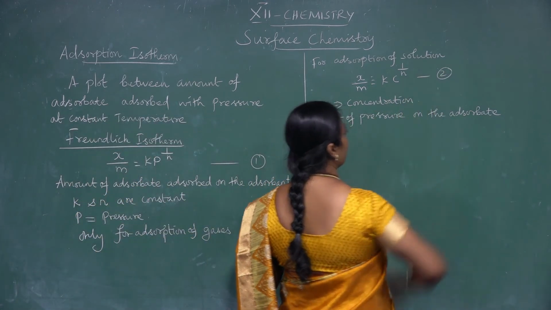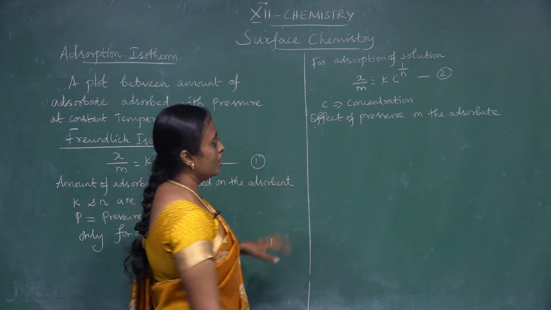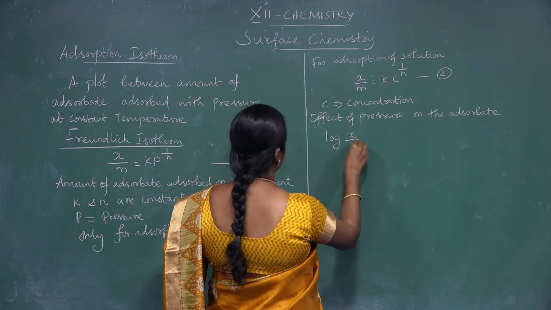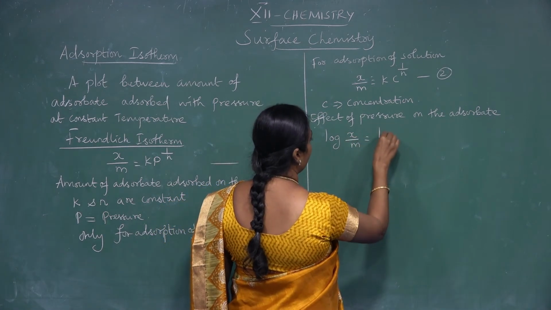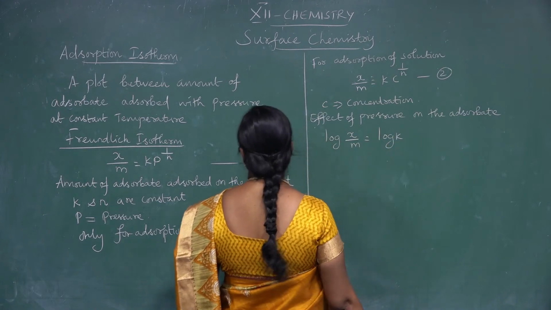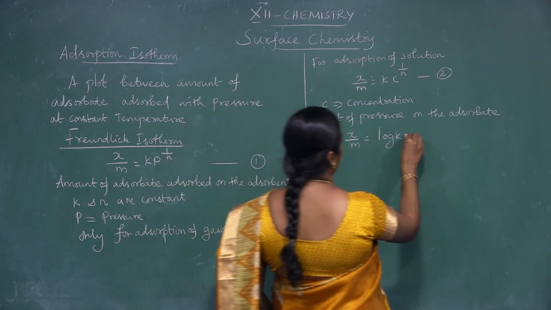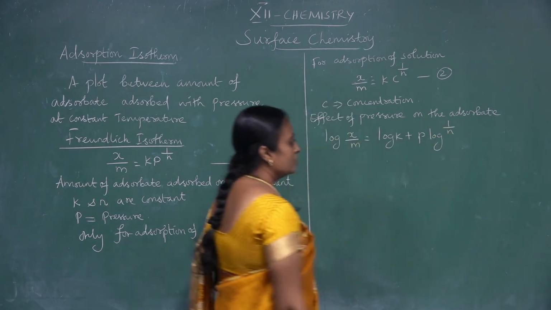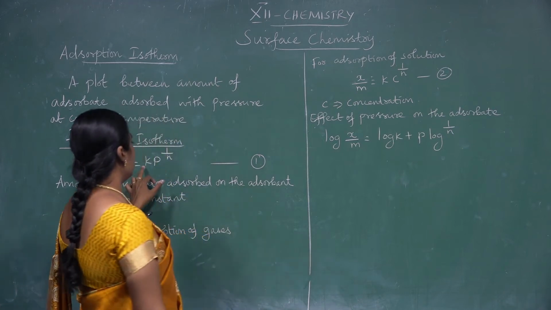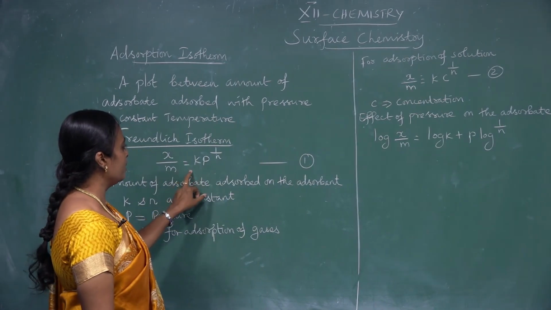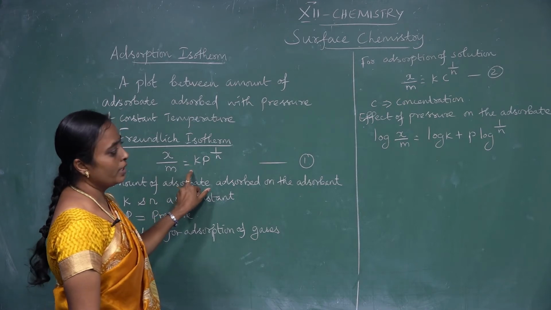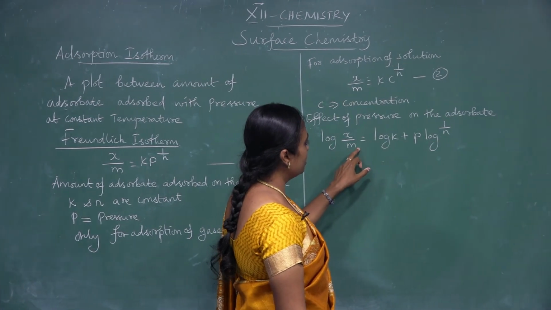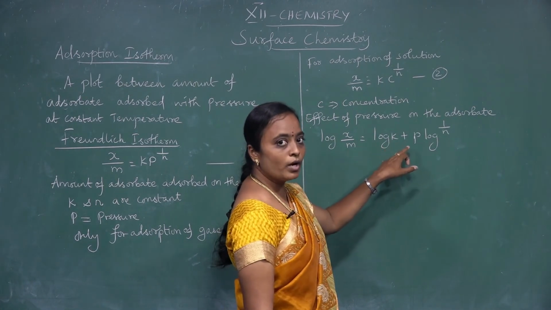Taking log, log x by m is equal to log k plus log of p power 1 by n.